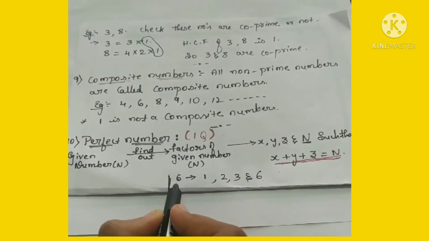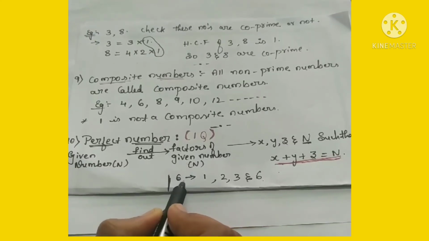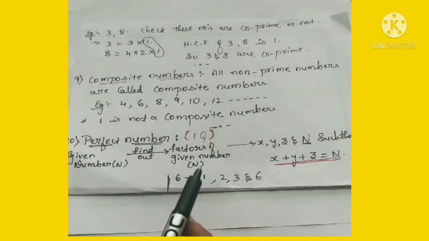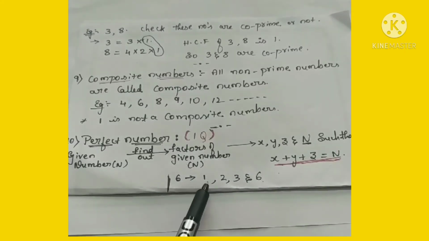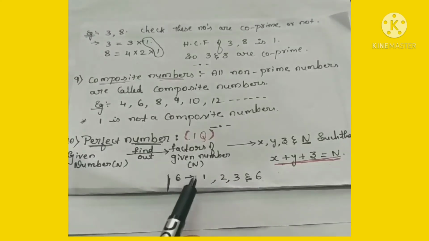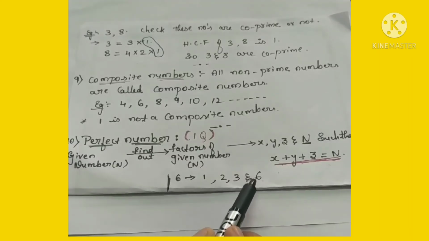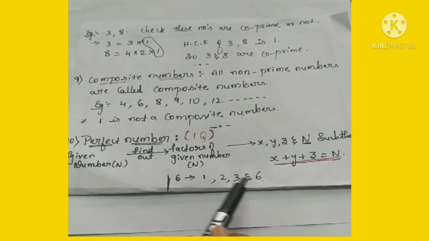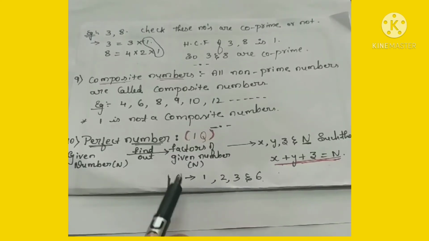Suppose you consider 6. The factors of 6 are 1, 2, 3 and 6. Here 1 divides 6, 2 divides 6, 3 divides 6 and 6 divides 6. So 1, 2, 3, 6 are the factors of 6. Here if you observe, 6 is also one of the factors of 6.